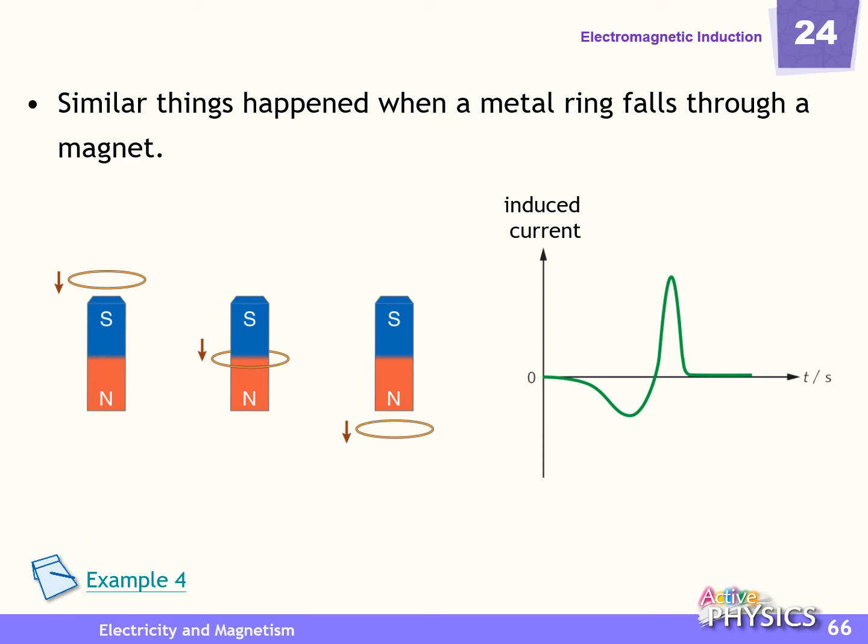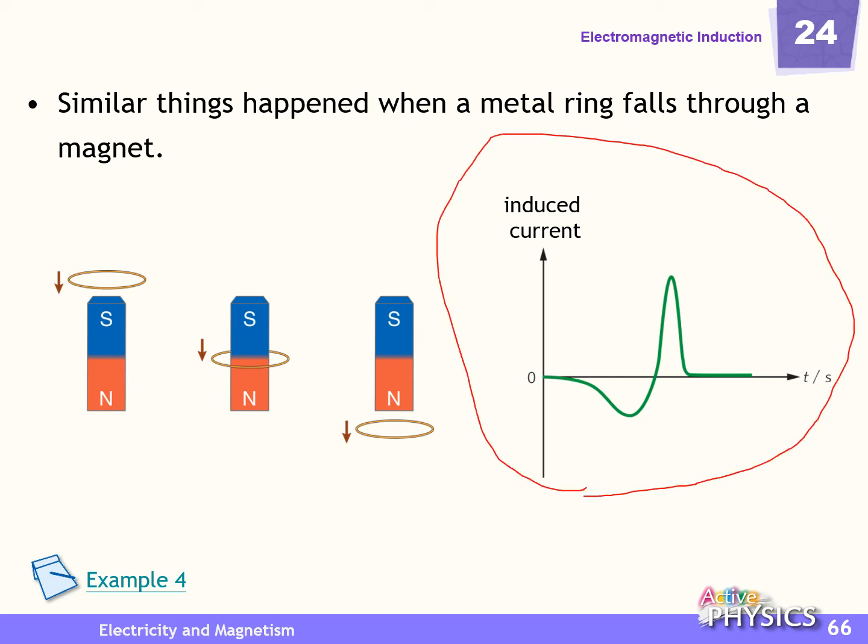There is another example which gives you the same diagram: you can drop a ring through the magnet, and you get the same trend. You can try to apply Lenz's law and plot this diagram on your own.